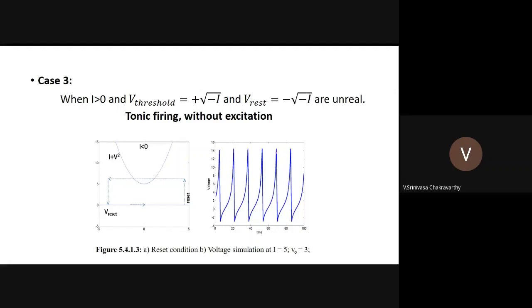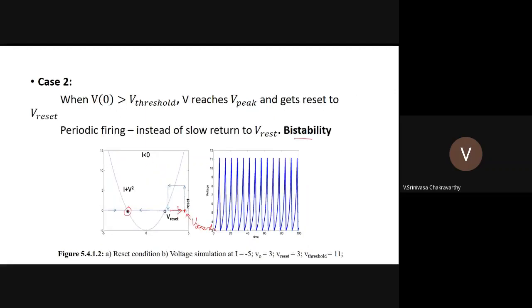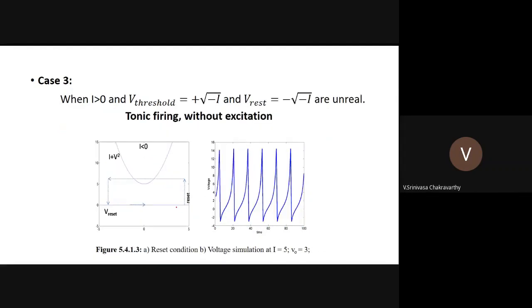Then something interesting happens. In this case also current is negative, but the only thing we changed is the V reset value. In the next case, you make the current positive. Again the same thing: the resetting is happening here, and this is the V peak value.